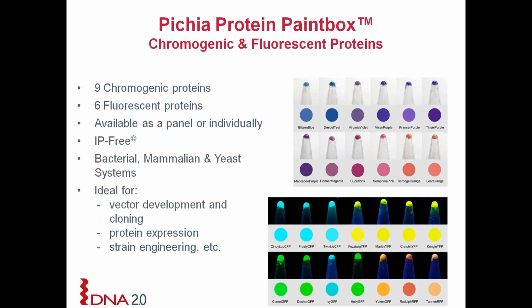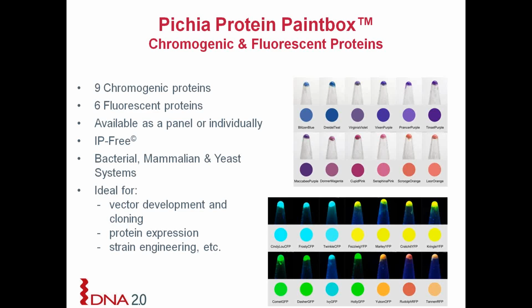So we have a variety of chromogenic and fluorescent proteins. The chromogenic proteins are only for E. coli. They're visible by the naked eye, and they're very strong. They do have different maturation rates, which you can find on our website.